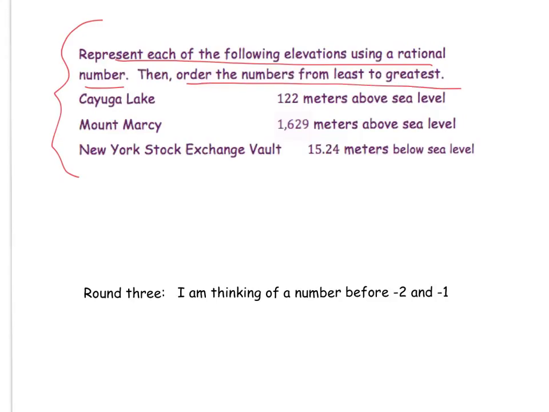So if it is 122 meters above sea level, that is going to be 122. 1,629 meters above sea level, that's also going to be a positive number. And 15.24 meters below sea level is going to be a negative. So now, these are in order from least to greatest.